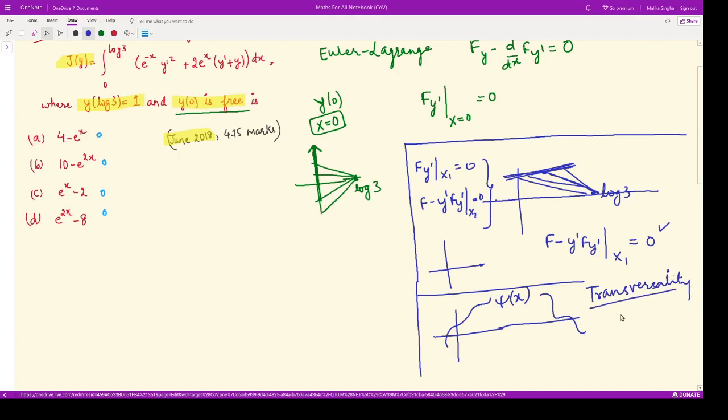They are f plus psi dash minus y dash f y dash at the point specified, say x2, is 0, if this is psi and this is phi, and another condition is f plus phi dash minus y dash f y dash at the point x1 is equal to 0.